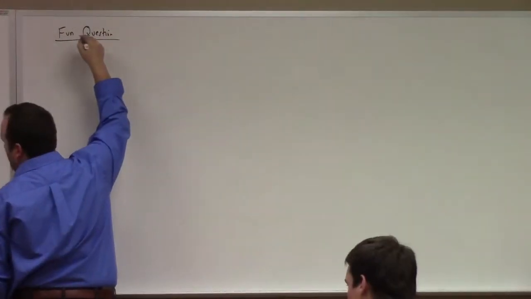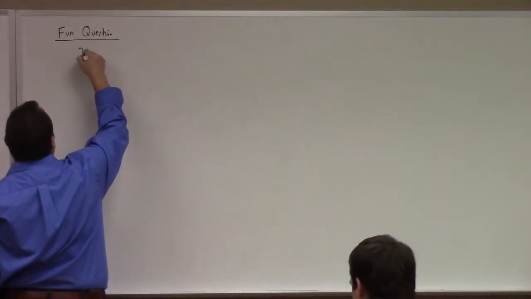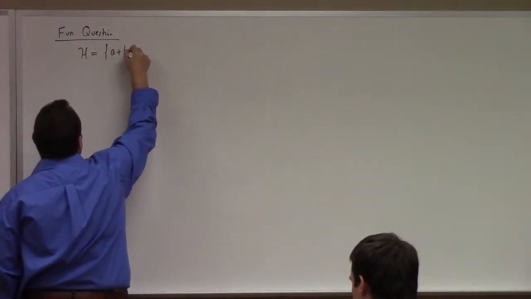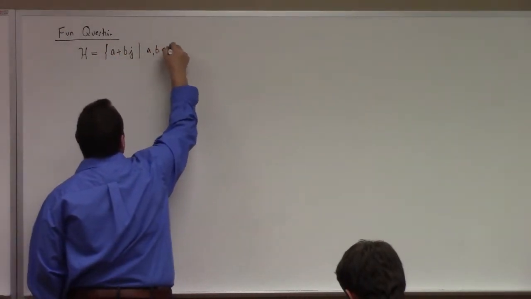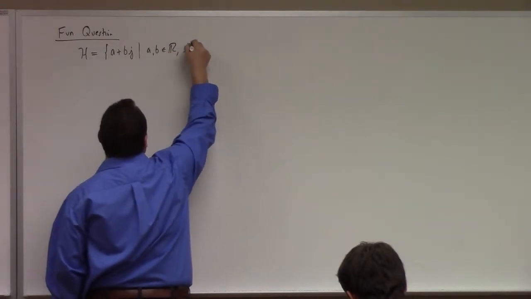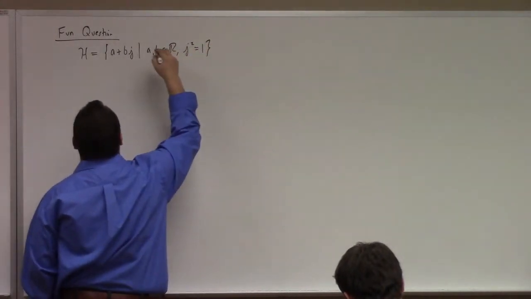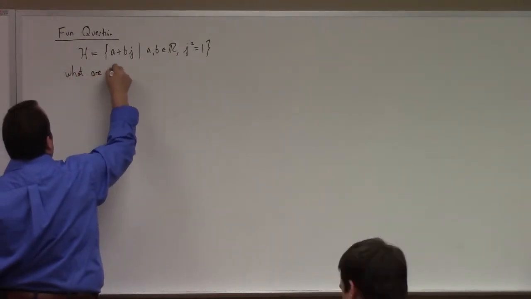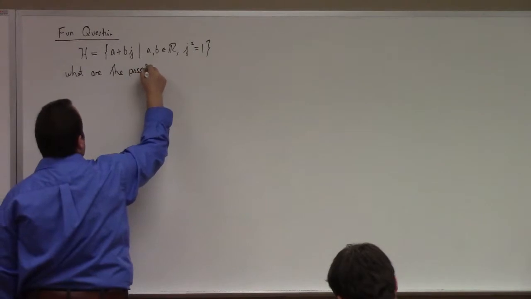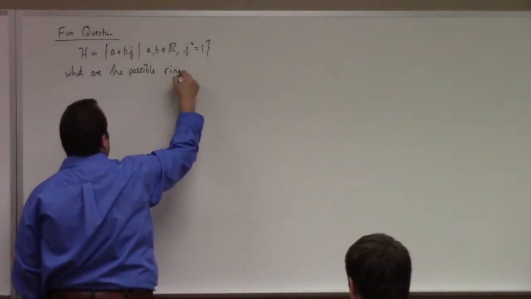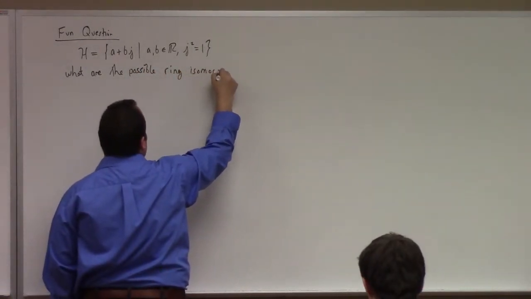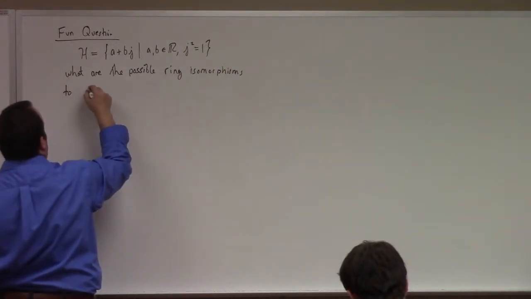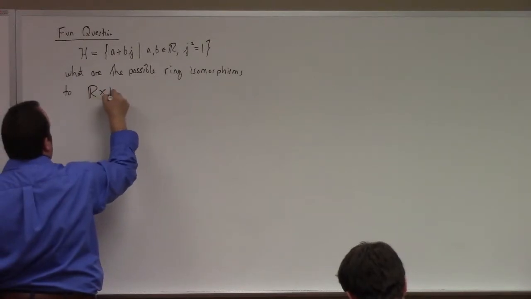So if we look at, say, the hyperbolic numbers, which of course have the form a plus bj, such that a and b are real, and j squared is equal to 1, then the question is, what are the possible ring isomorphisms to R cross R with the direct product.